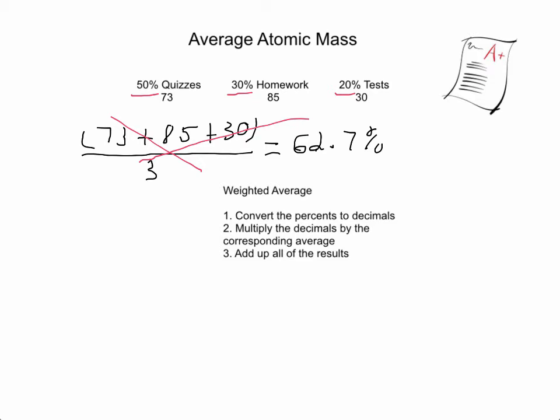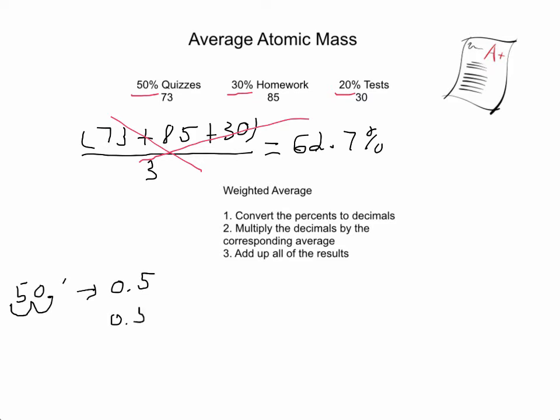So let's figure out this average. So we take the 50%. And the decimal in the 50% is at the end. So to convert a percent to the decimal, we move it 2 places to the left. So we get 0.5. We do that for the other percents, and we get 0.3.